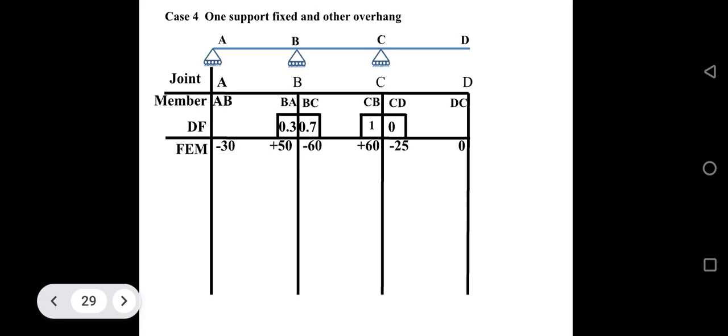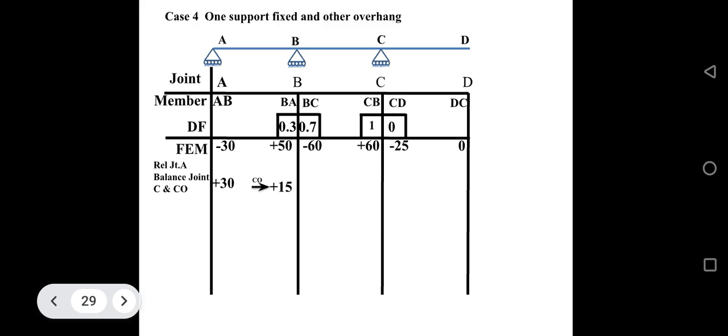The answer is yes. Support A is a simple support where the moment is known to us, that is 0. To make it 0, we need to apply an equal and opposite moment at joint A, and whatever moment you apply, half of the moment will be carried over to the other joint, that you should not forget.